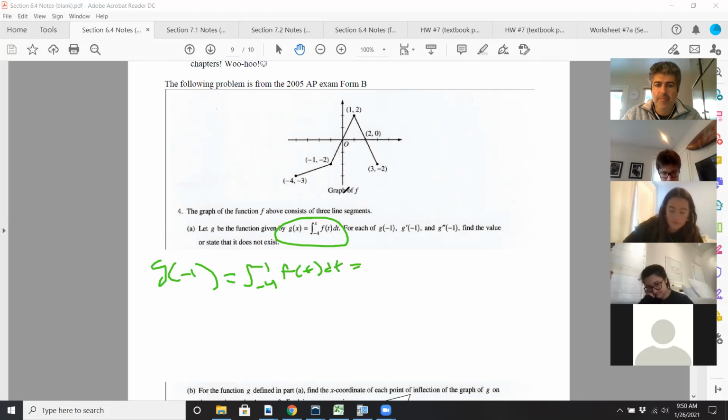Let's do that. You got the graph of f right here, going from -4 to 1. So let me shade the area for you. Here is the area that I'm shading. I want all this area here. And let me partition if that helps. You got a right triangle.